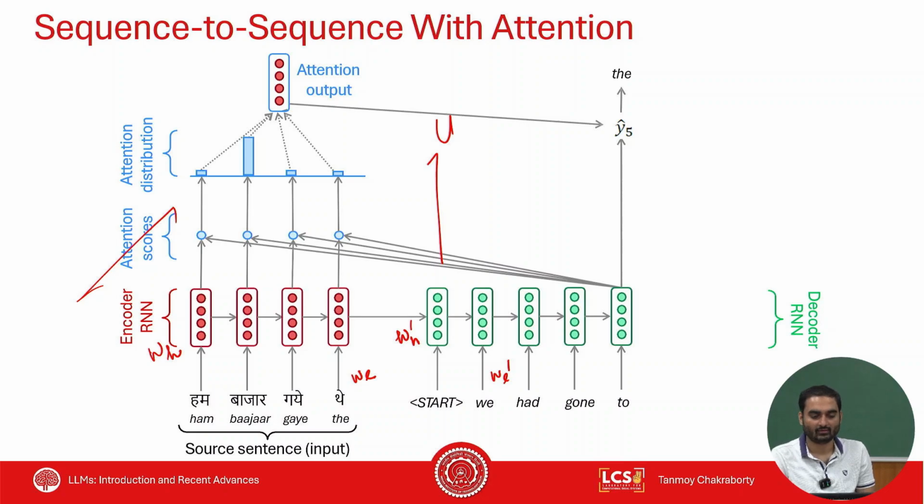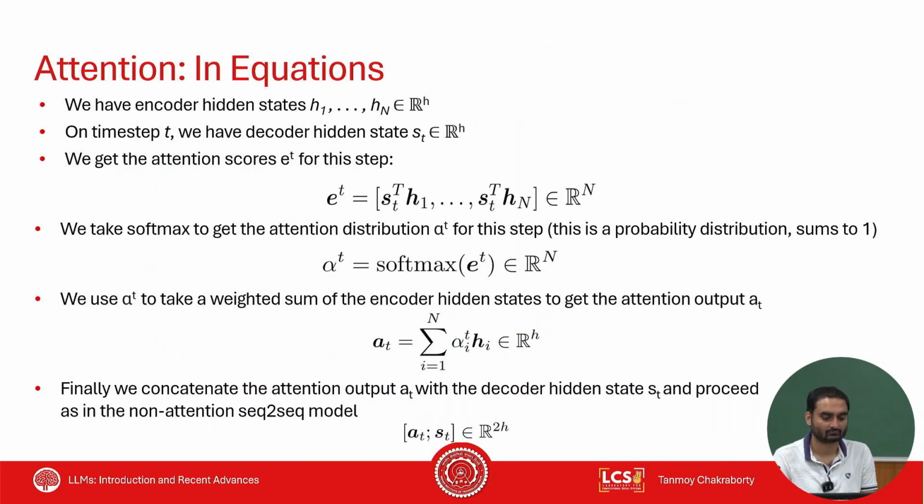Okay, so let's look at the equation once again. The attention equation I have already mentioned. So H1, H2, H3, up to Hn are the hidden states of the encoder. What is ST? ST is the hidden state of the decoder at the t-th time step.